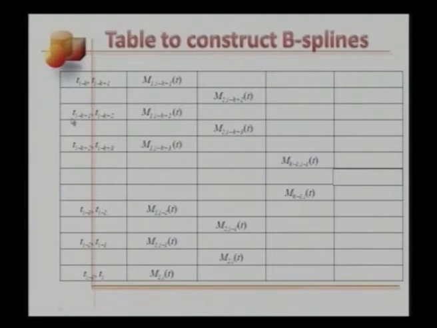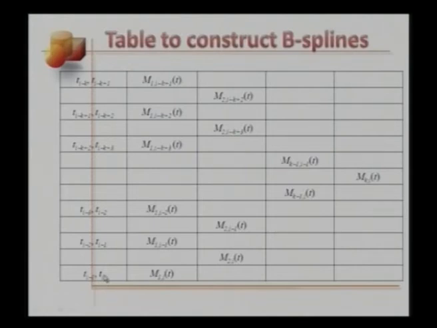The first knot will be t I minus k plus 1. The last knot will be t I. So as we move towards the right, constructing splines of higher order, these knot spans get merged one by one. Eventually, we'll get to M k I, that will stand in the knot span t I minus k to t I.